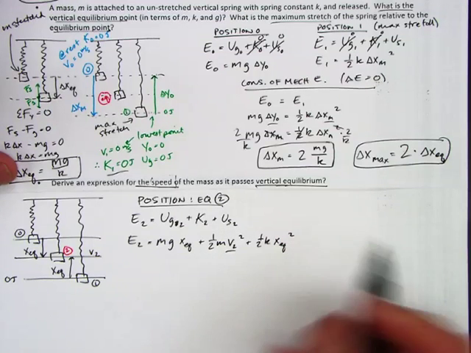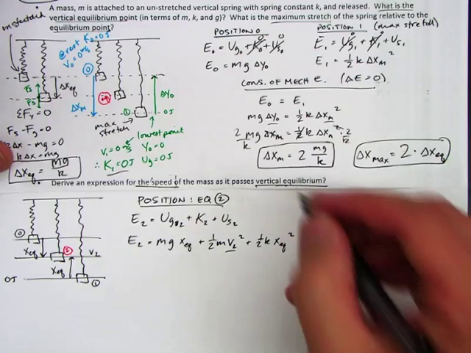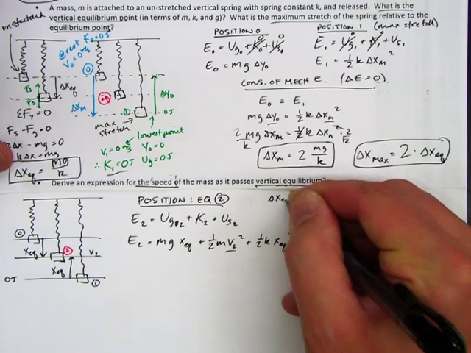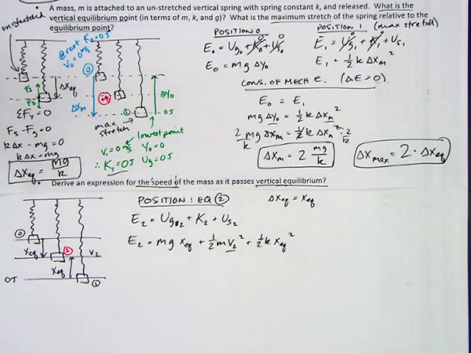Now I know I was using delta x equilibrium, and I'm now using x equilibrium. So just to be clear, these are the same thing. Whether you use the delta or just call it x, it's up to you.